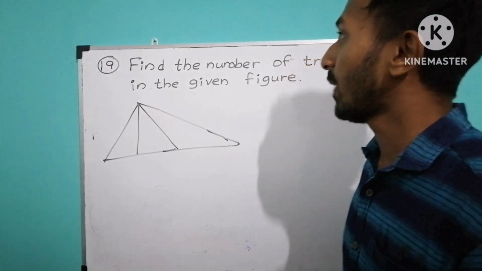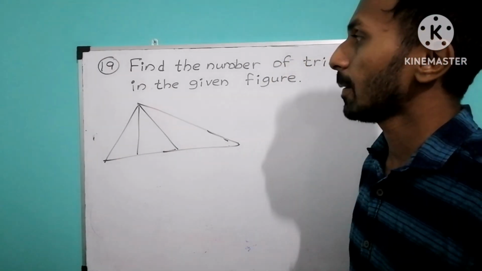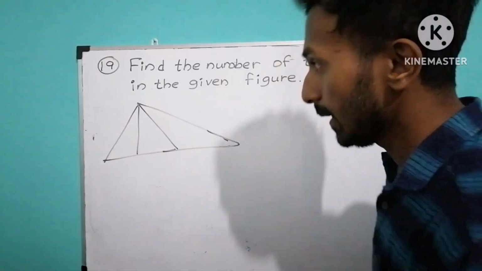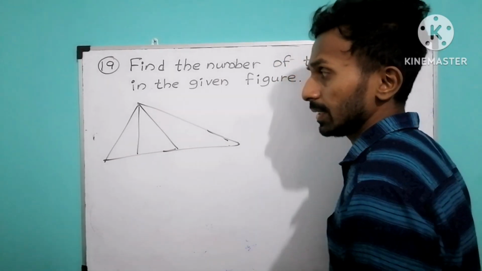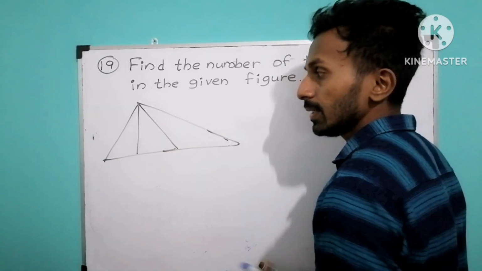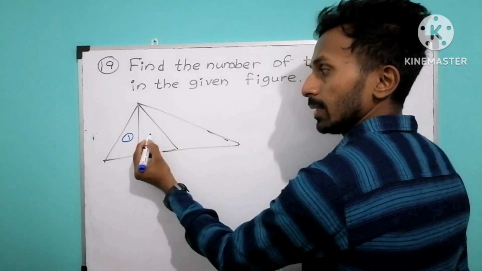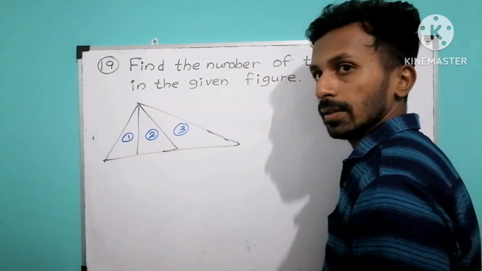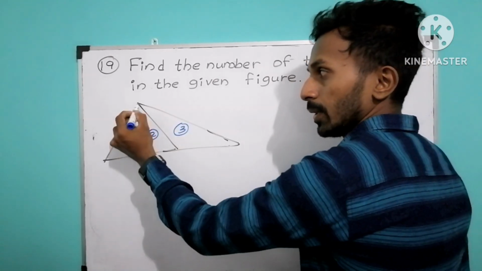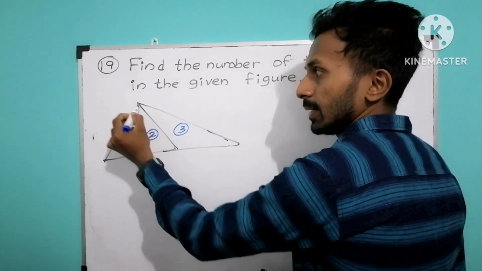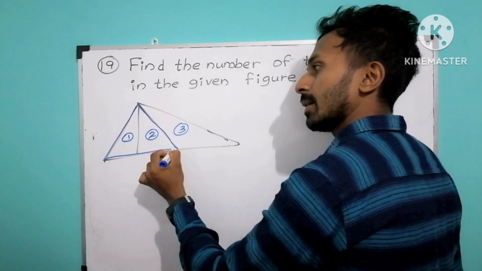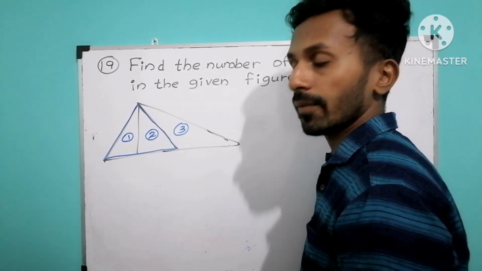Question number 19. Find the number of triangles in the given figures. Here, first I will take one triangle by one triangle. Here 1, 2, 3. Then take 2 by 2. These two triangles can be taken as one triangle.